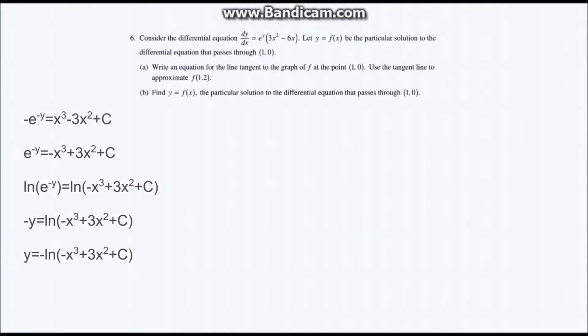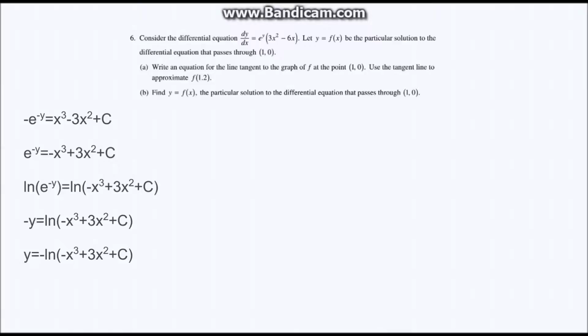So with our equation now, we must get rid of the negative on the left side, so we divide everything on the right side by negative 1, and we get e to the negative y equals negative x cubed plus 3x squared plus c. And c doesn't get affected by it because c is just a constant, so it doesn't really matter in this situation.